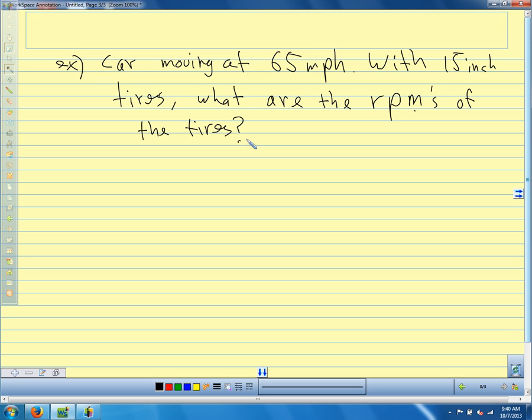So we have a couple of steps that we have to go through here. Anybody see what are some of the things that we're going to have to deal with in this problem?